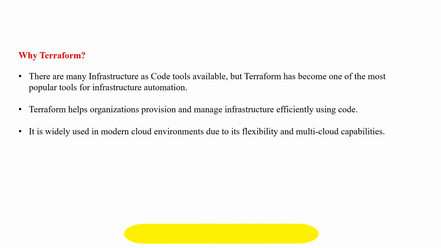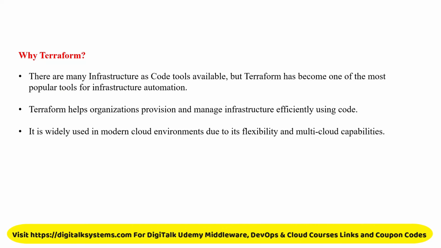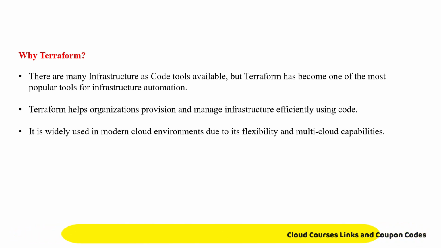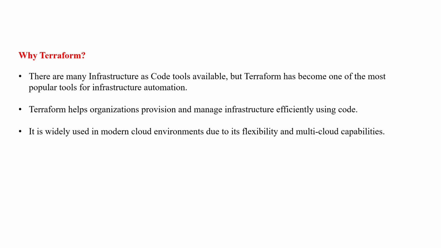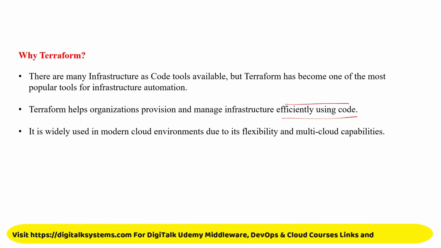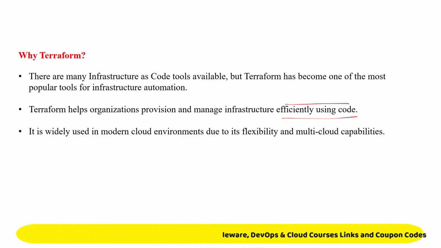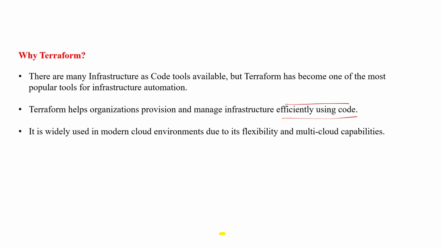So why Terraform? We know that there are many infrastructure as code tools available, but Terraform has become one of the most popular tools for infrastructure automation. It helps organizations provision and manage infrastructure efficiently using code. This is one of the major benefits, right? We are maintaining the infrastructure as code, and when we maintain it as code, we get all the benefits that we get when maintaining any set of code, like our application code.